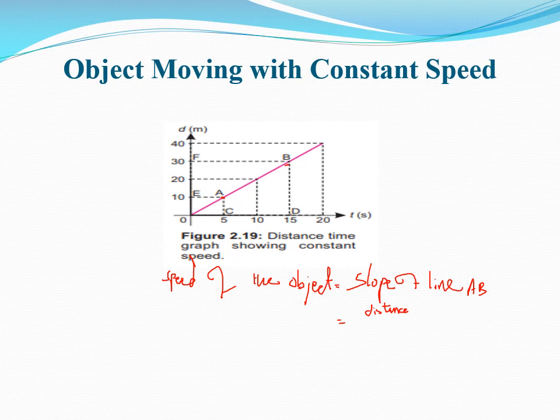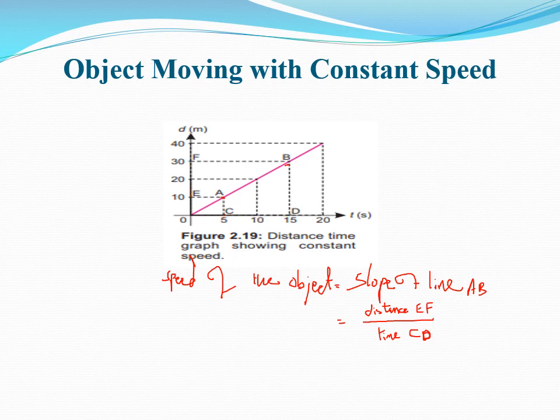So the slope of the line AB equals distance EF, this is the vertical line from this point to this point, you are noticing on the y-axis, the distance axis, divided by time CD. So this is the formula.